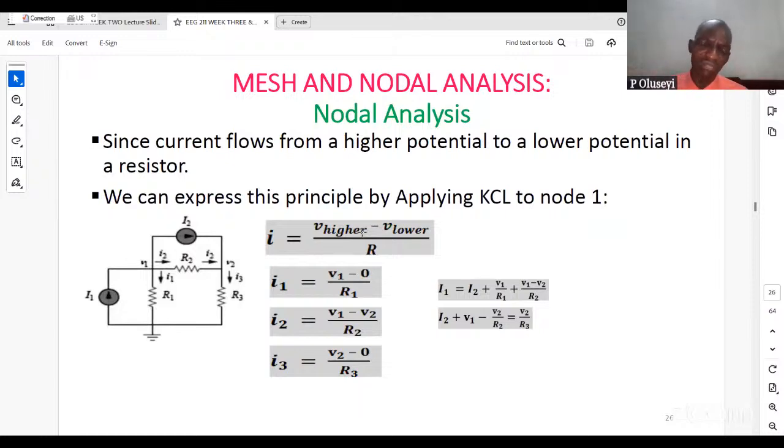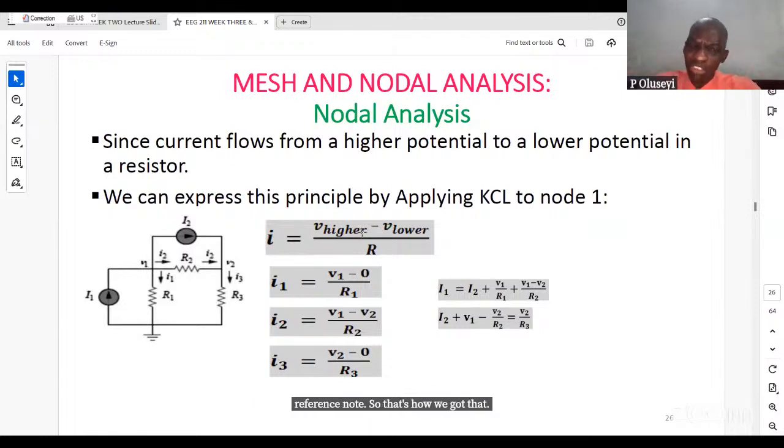Please take note of that because I don't want it to confuse you. So I3 is taken for granted. All of us know that the reference node is 0. So V2 will always be higher than the reference node. So that's how we got that.